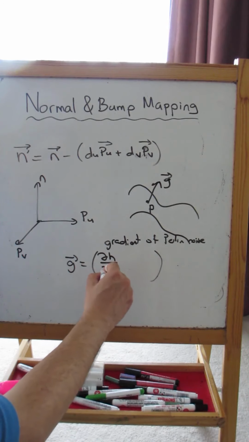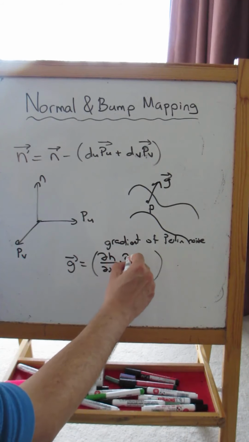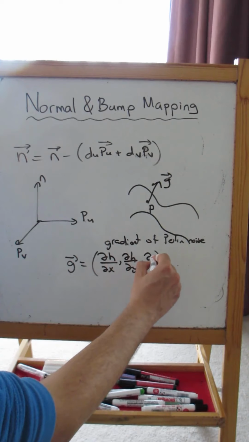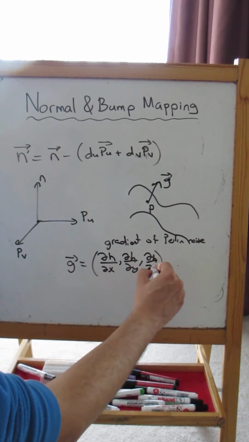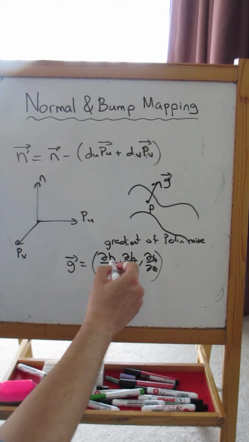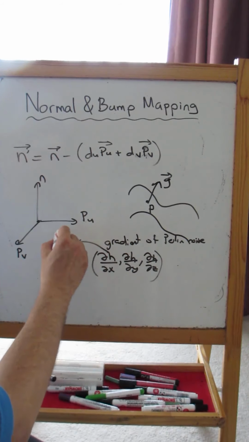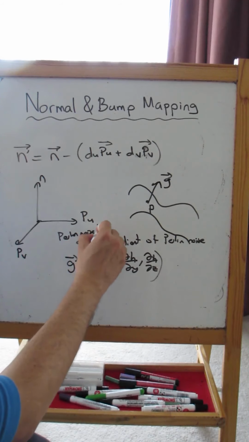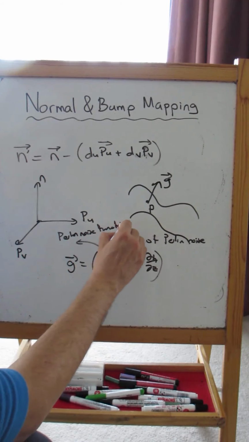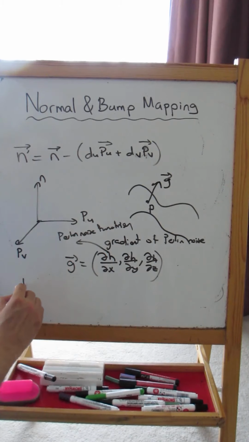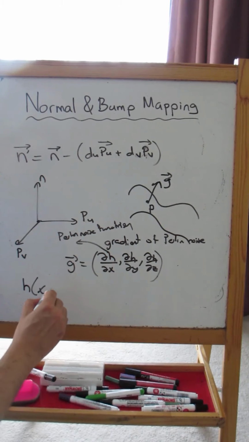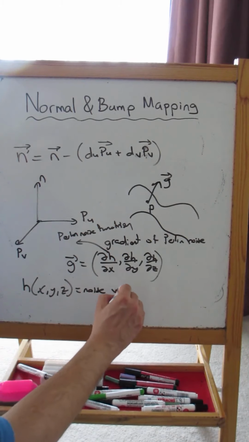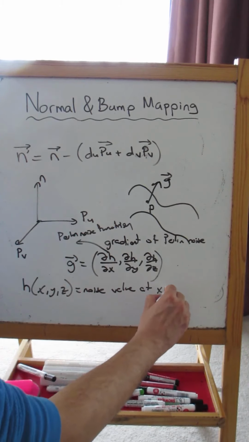So h represents the Perlin noise function, h(x,y,z) is equal to the noise value at xyz.